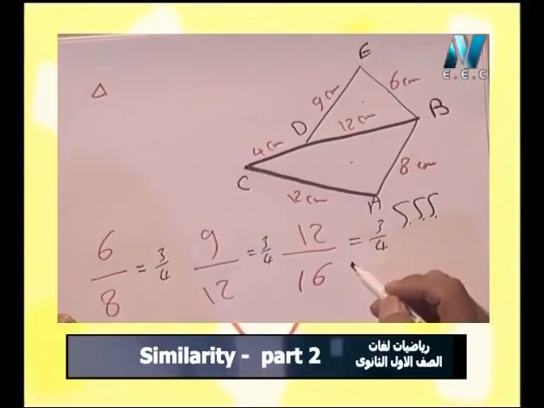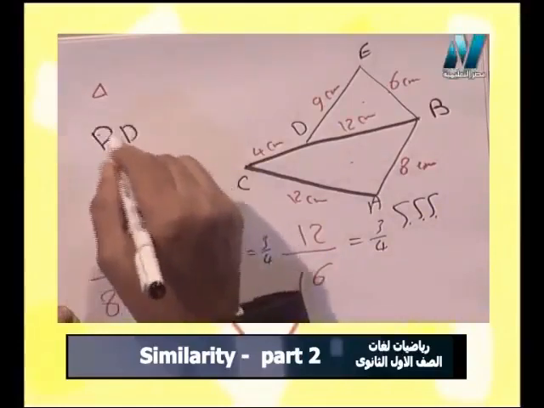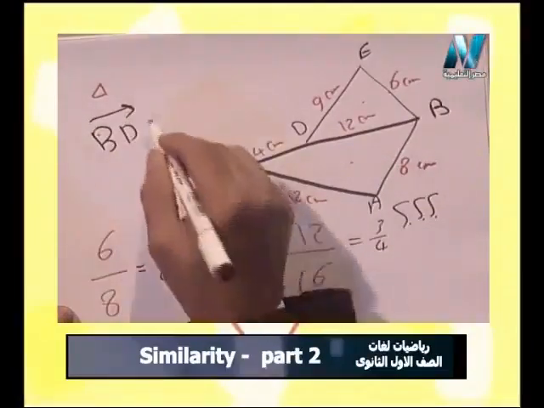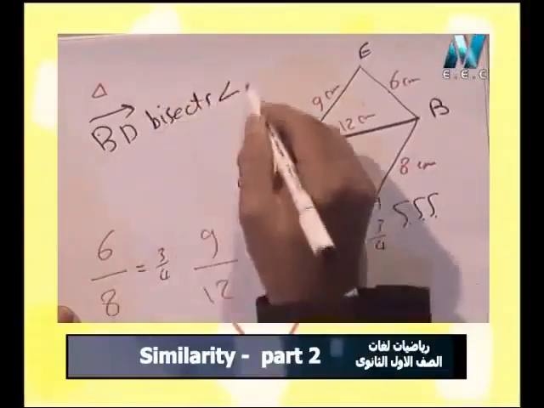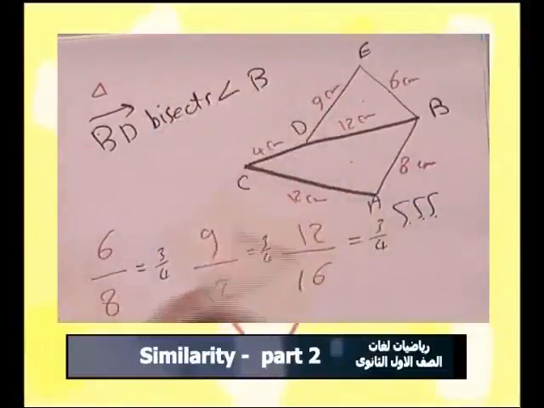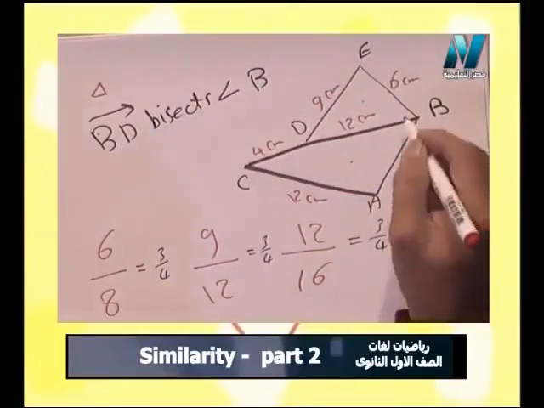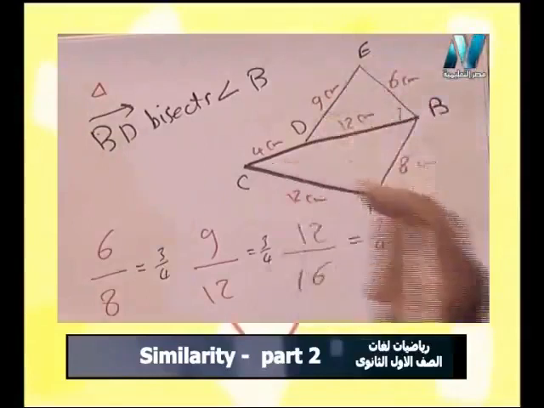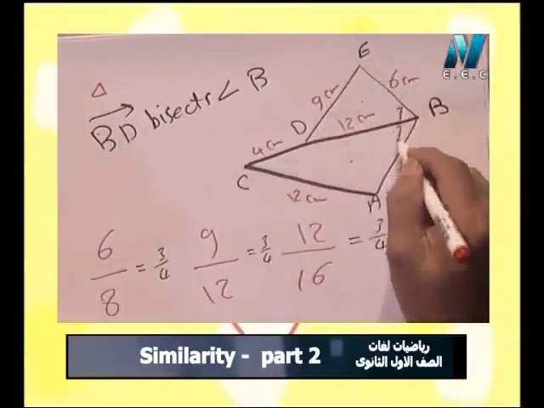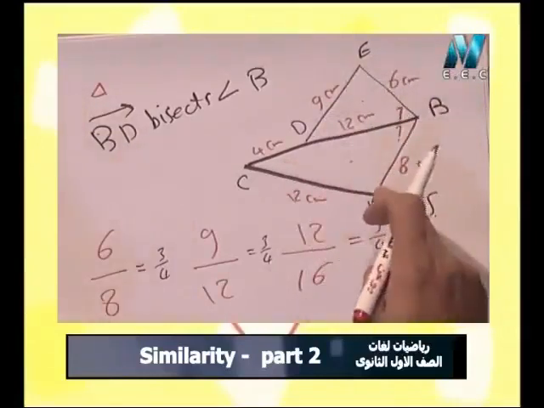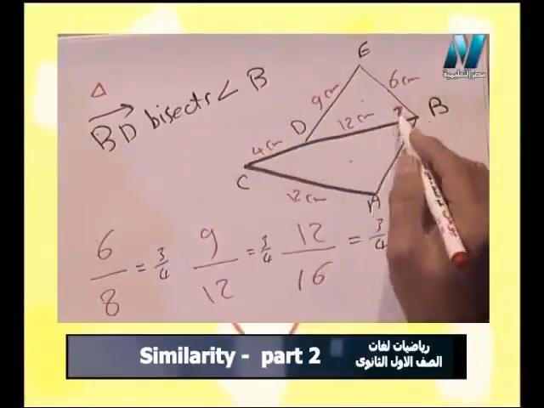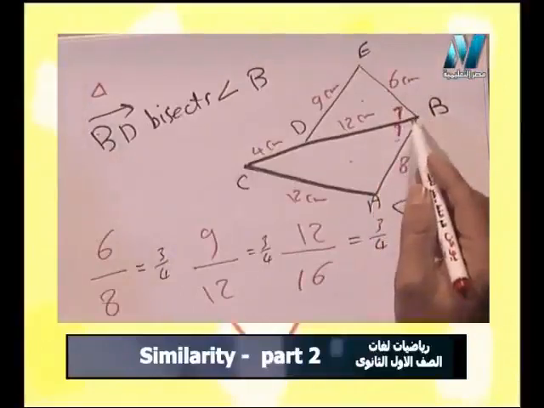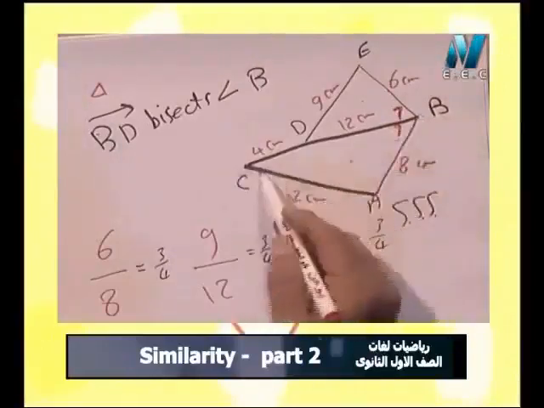And he wants us to prove that the ray BD bisects the angle B. That means the measure of angle EBD, we try to prove that it equals angle ABC. We try to prove that the angle here equals the angle here, so the ray BD will bisect it.